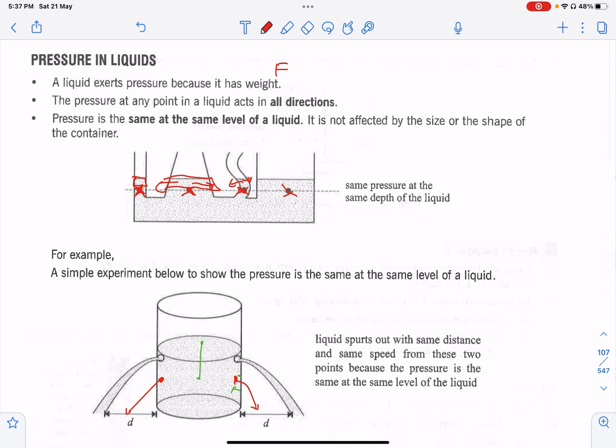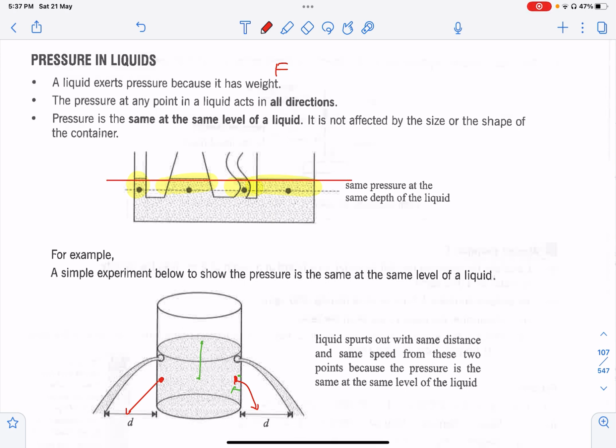Liquids come in no definite shape, so what causes the pressure to be consistent? It's usually the height of the liquid. Regardless of the container shape, we will see that the level of the liquid stays the same.